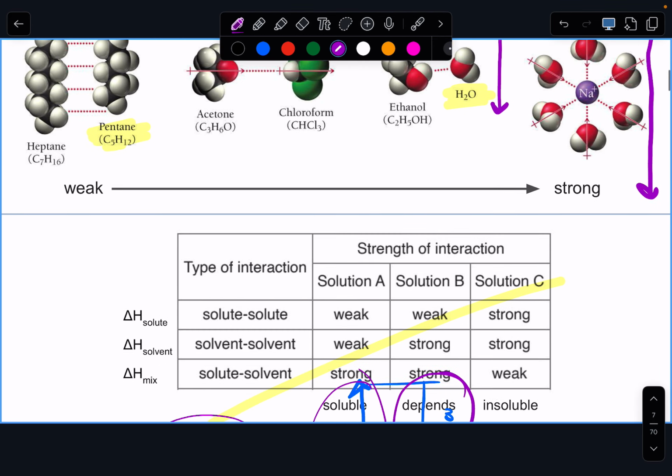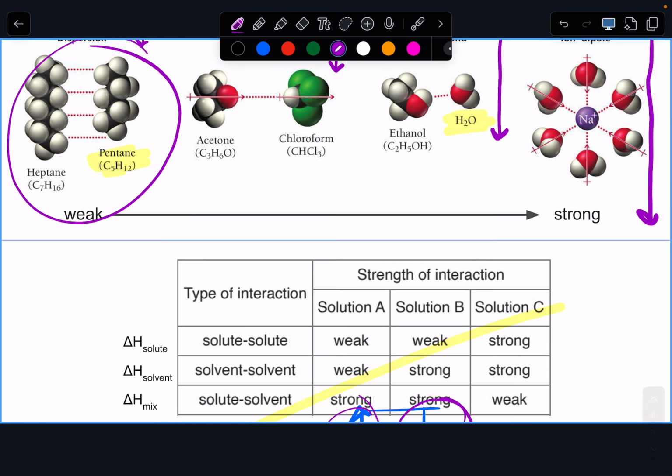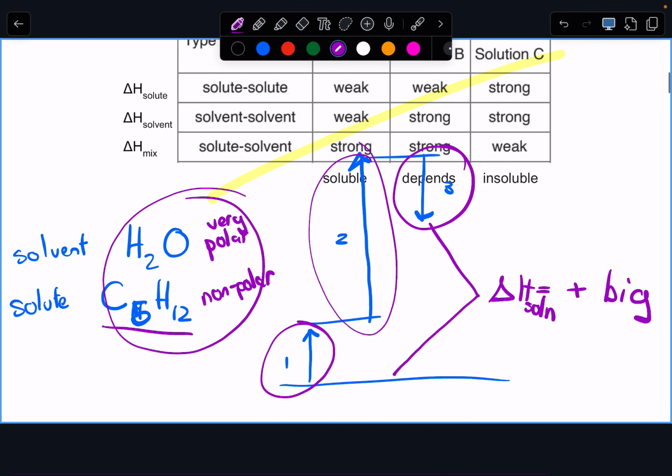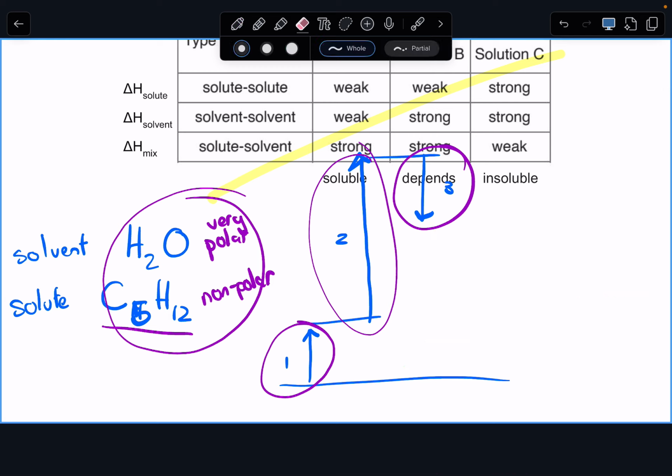Whereas if you had something like pentane and heptane, let's just look at that for a comparison. So two nonpolar things. Their step 3, the amount they release when they come together, is also going to be pretty small, okay? So it's pretty comparable to this. It's not going to release a ton of energy. So why does it happen?